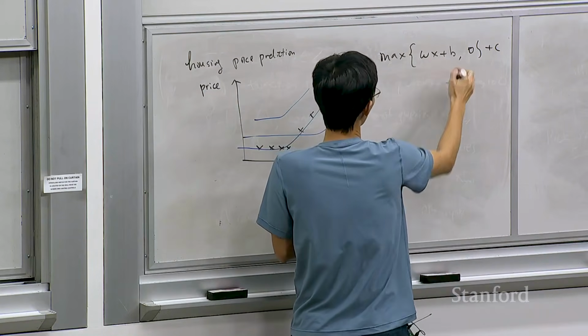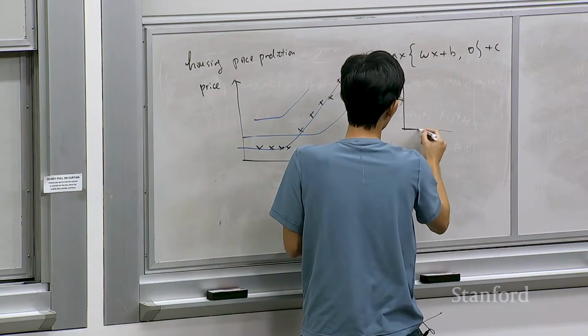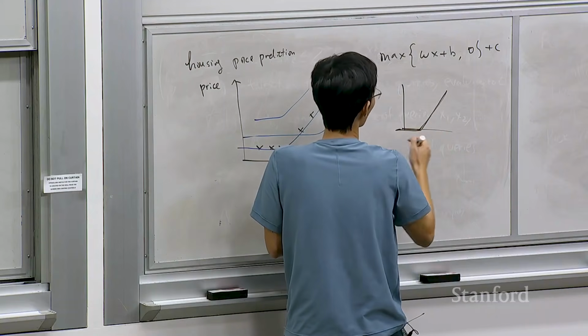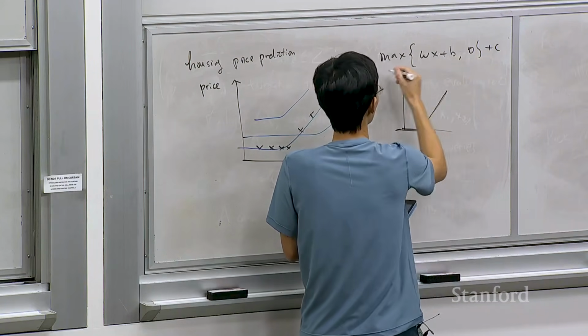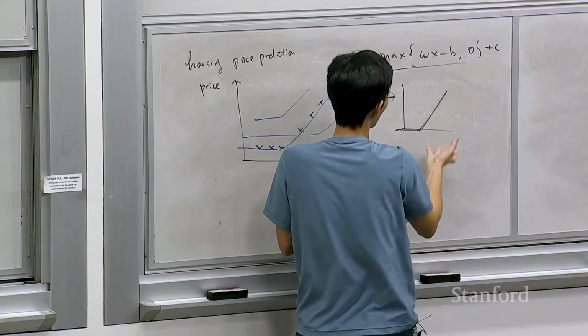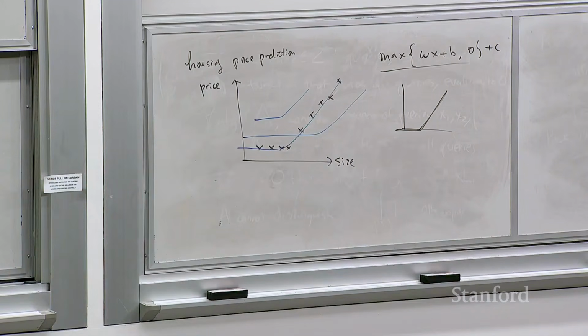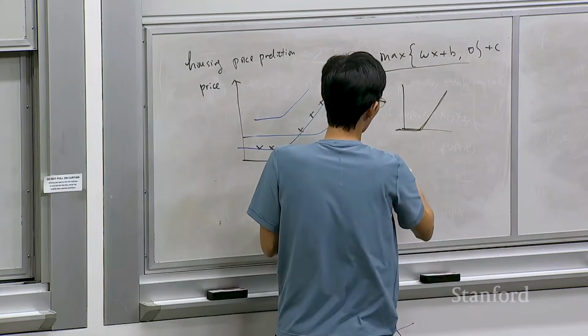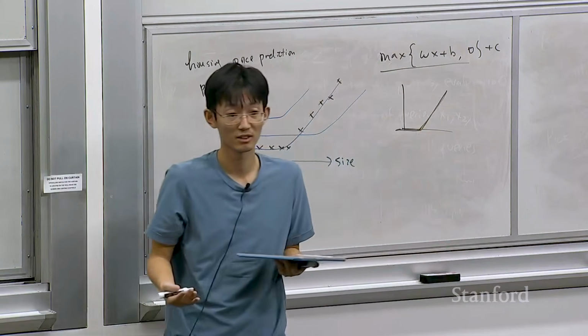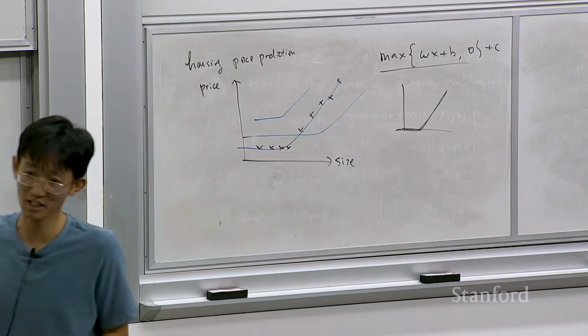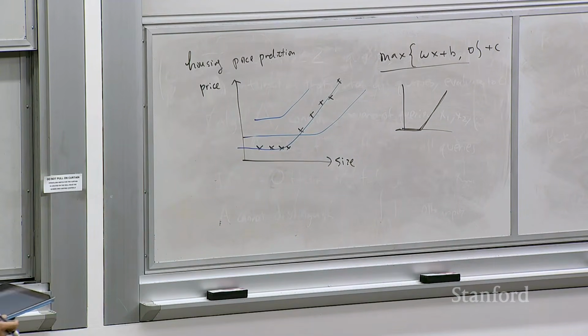So max of wx plus b is a function like this. And then if you add c, you can shift it above or below a little bit. So basically you just cut off everything that is below 0, which makes sense because housing price cannot be negative, it has to be positive.